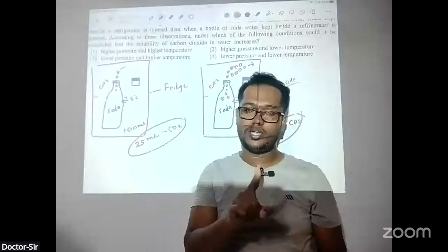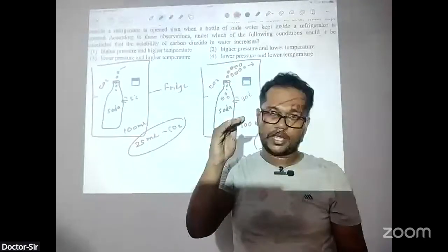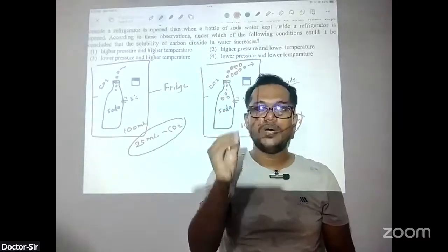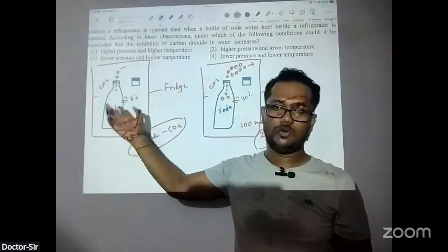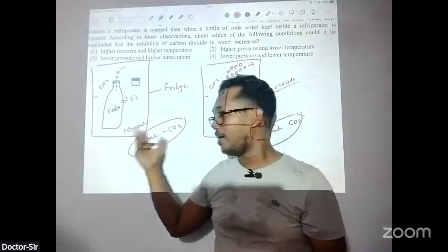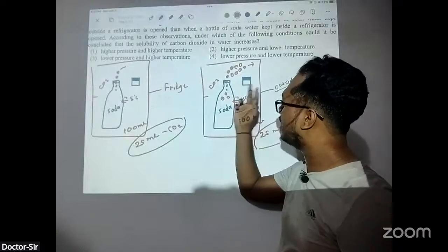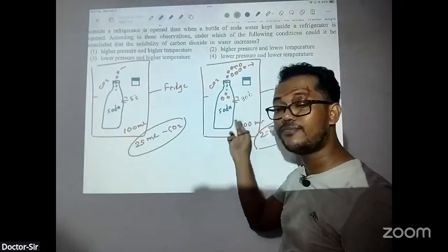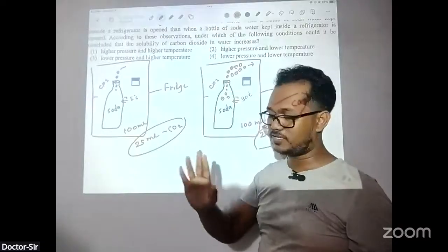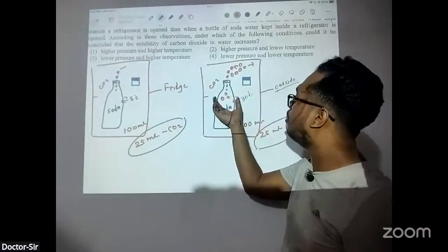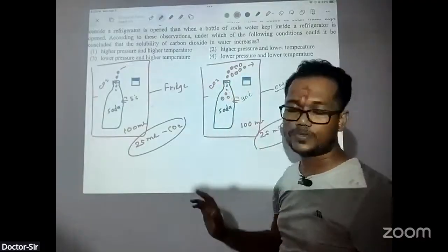So why is that? In the refrigerator, at low temperature, more carbon dioxide will be soluble in this soda or whatever the drink. But when you take it from the high temperature area, most of the gas is separated from the soda. That's why when you open that bottle, immediately more carbon dioxide is released from this bottle.